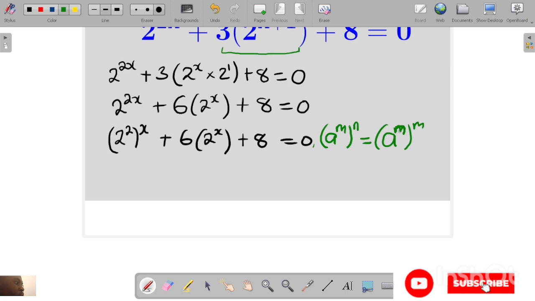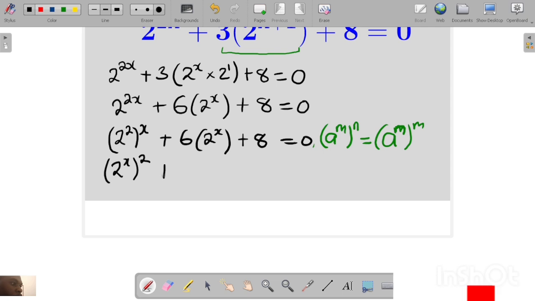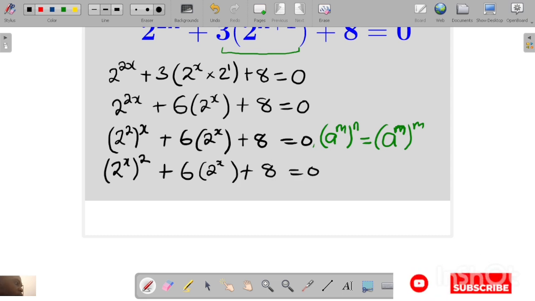So we are going to apply the same here. Meaning we're going to have 2 to the x, to the power 2, plus 6 times 2 to the x, plus 8 is equal to 0.